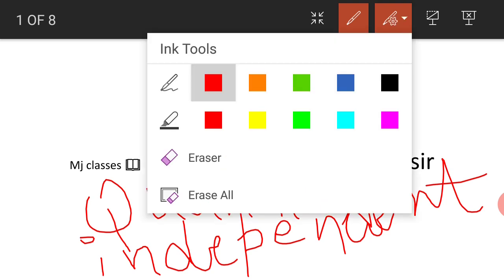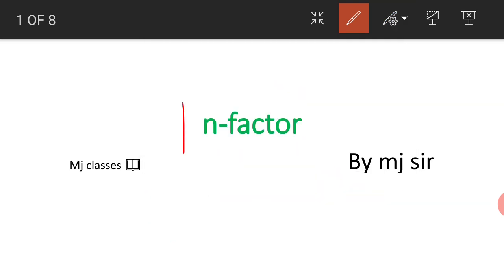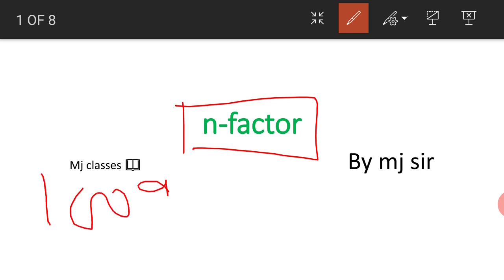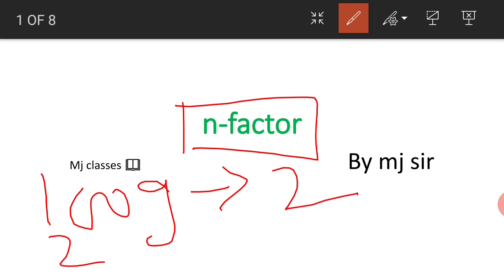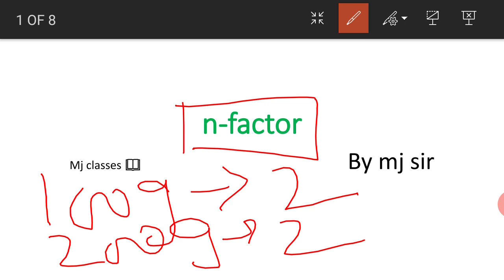For example, if I have 100 gram of some chemical and its N factor comes to be 2, then 200 gram of the same chemical also has N factor 2. Simple thing.